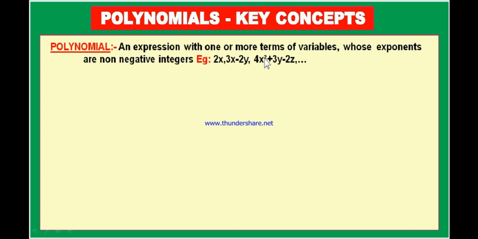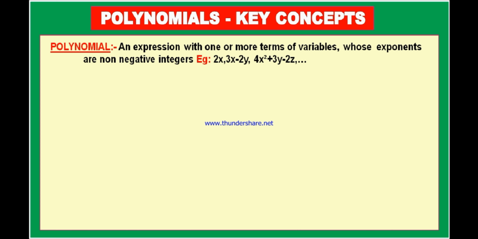The exponent of x is 2, which is a non-negative number. And 3y. What is the exponent of y? Y power 1 means it is again a non-negative integer. Minus 2z means minus 2z power 1. Again it is a non-negative integer. All these are examples of polynomials.